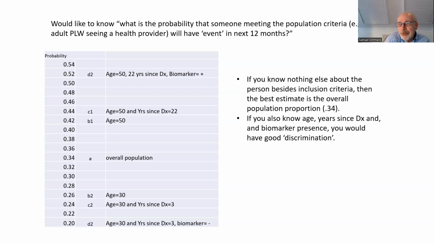So supposing you say, okay, I'm going to put age in the model, and I just selected for illustration a value of someone with an age of 50, which is the B1. So let's say you had an unlimited sample size, so we're not worrying about sampling error. Let's say you find that 42% of those with an age of 50 have the event. So that's clearly increased. That's been of some value, right? You've increased the estimate from 34% to 42%.